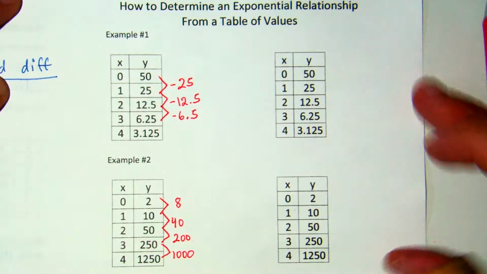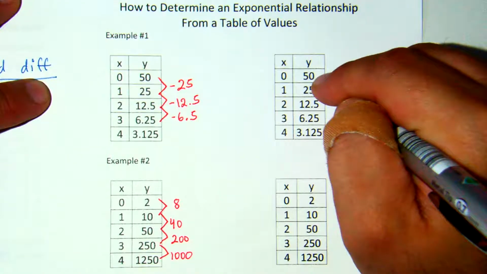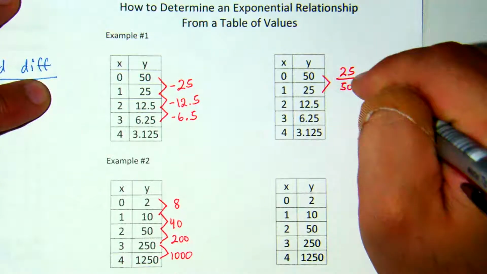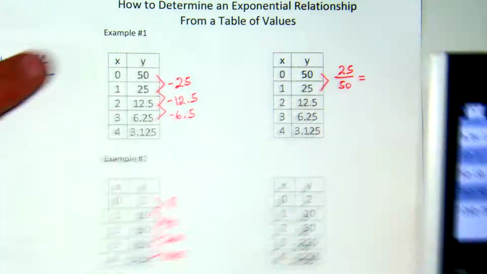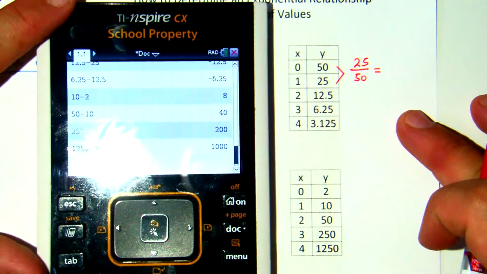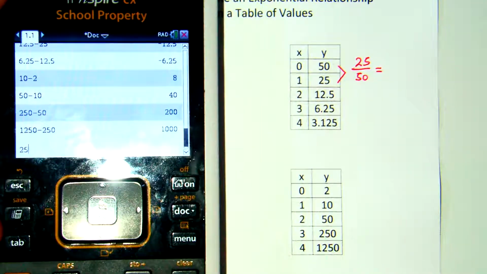So for our first part, we want to take the value below it, 25, and divide it by 50 and simplify. Actually, this worked out really well. So 25 divided by 50 gave us 1/2.